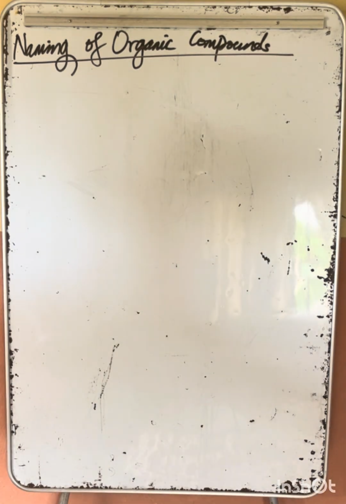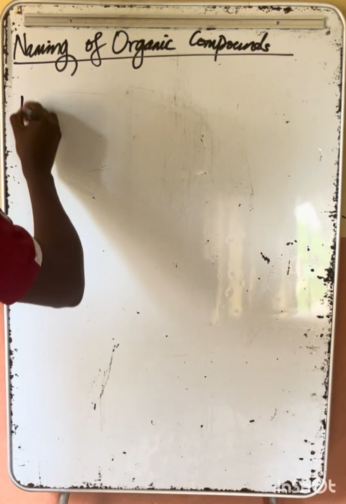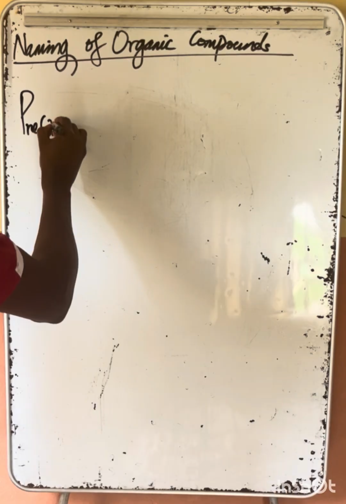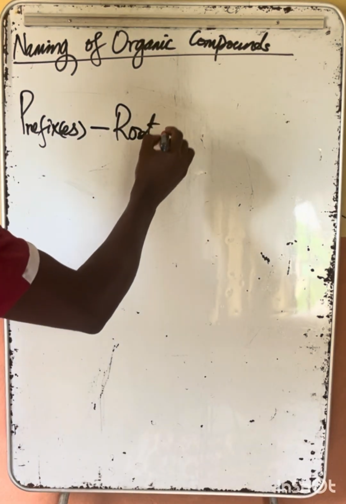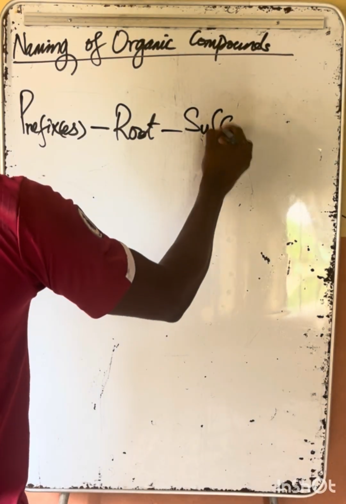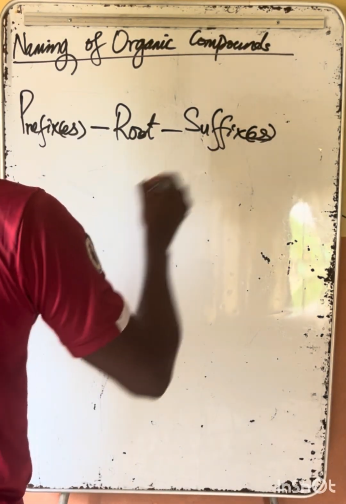Now, naming organic compounds follows a sequence: prefix or prefixes, root, and suffix or suffixes.